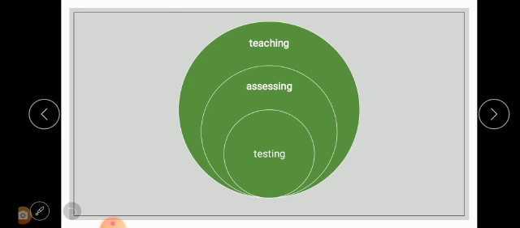So we can draw a conclusion about the three terms of testing, assessing, and teaching into these balloons. Here we start from the biggest balloon, teaching.